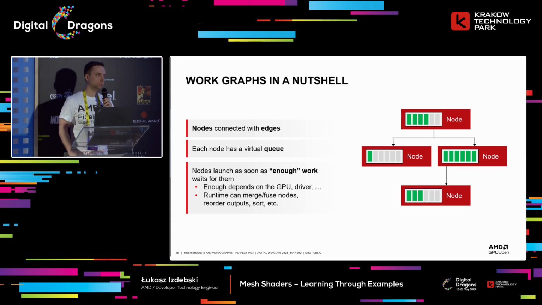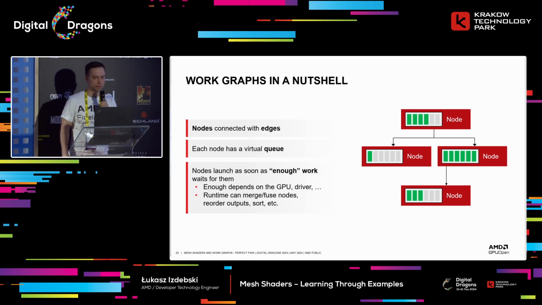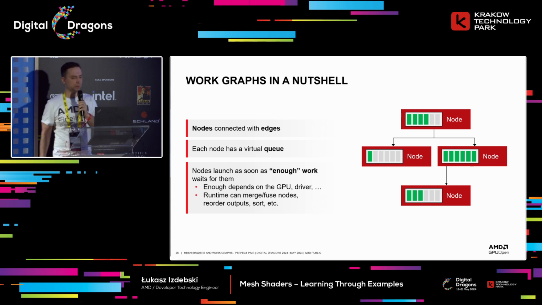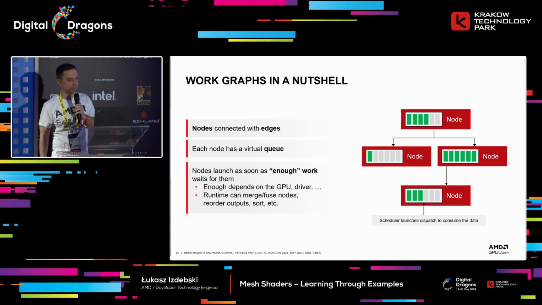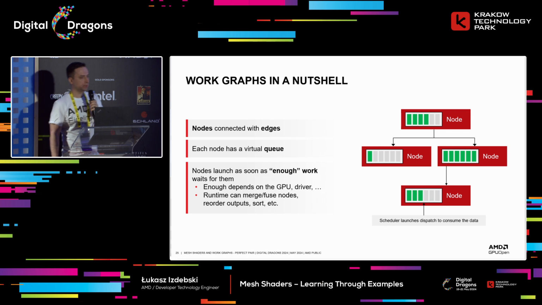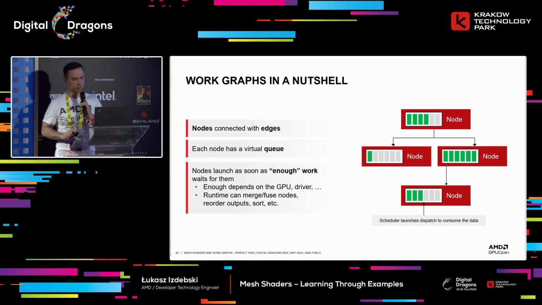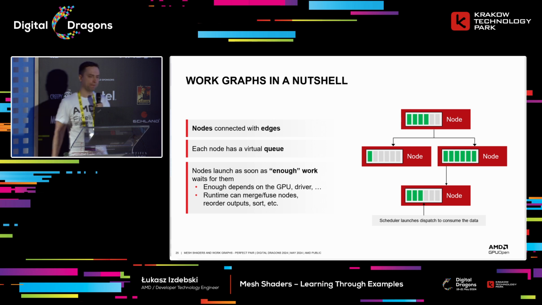When a node creates some data, you put it into the virtual queue, and when the GPU scheduler decides that you created enough work, the GPU will spawn and execute the work for the next node. In other words, this is a way to expose to the programmer that the GPU creates work for itself. We don't need any CPU intervention, syncing, etc.